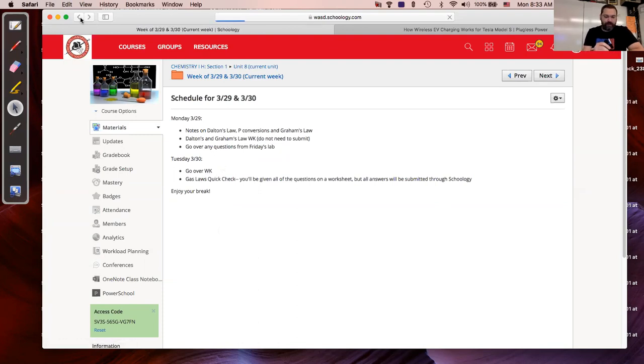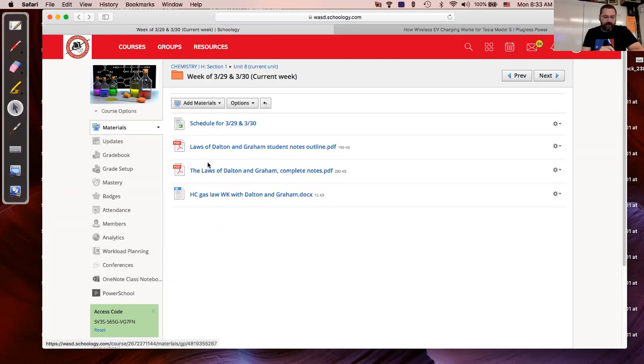So let me show you what I mean. So we're in the folder. You'll see here it says Law of Dalton and Graham, student notes outline. That I would have passed out for you to fill in as we go, but you can either look at it that way, or the one that says complete notes has all the stuff filled in. So that's the complete notes for the day.